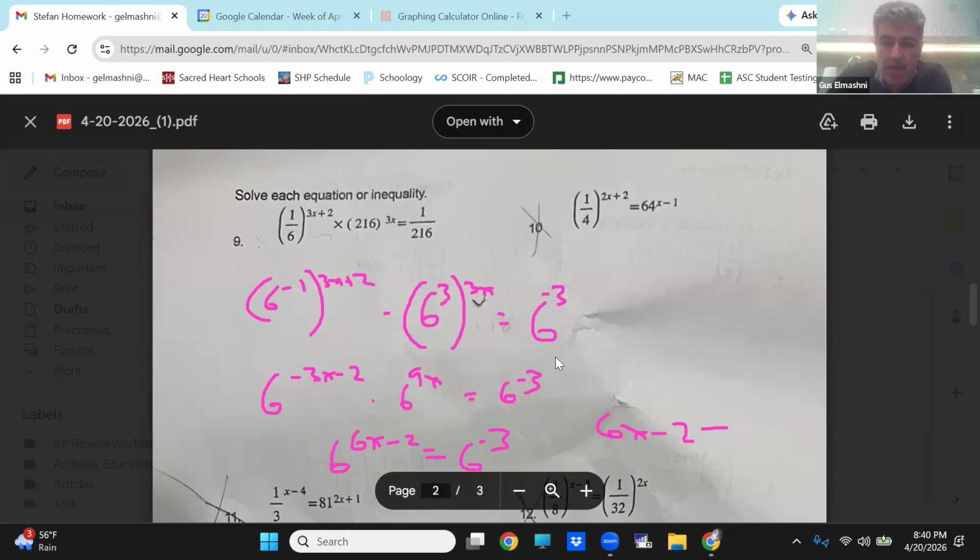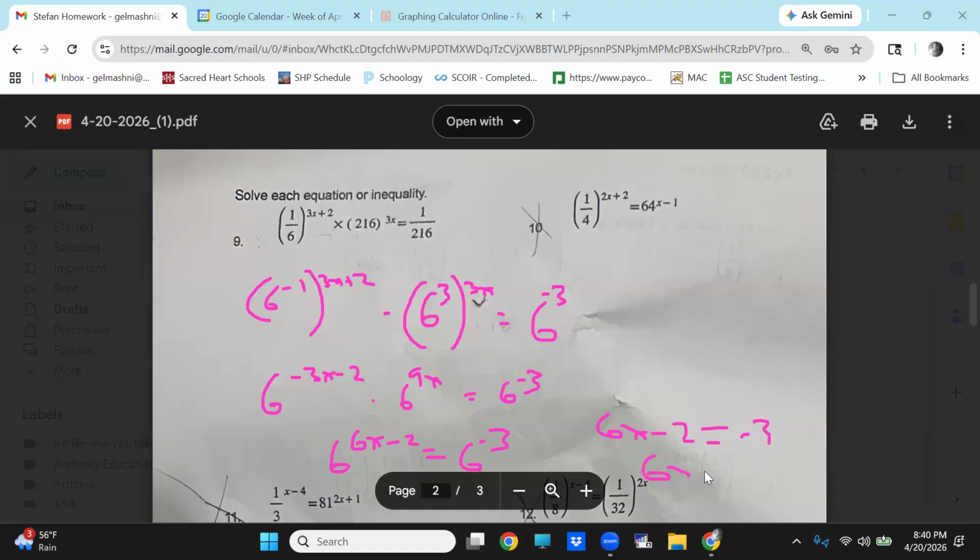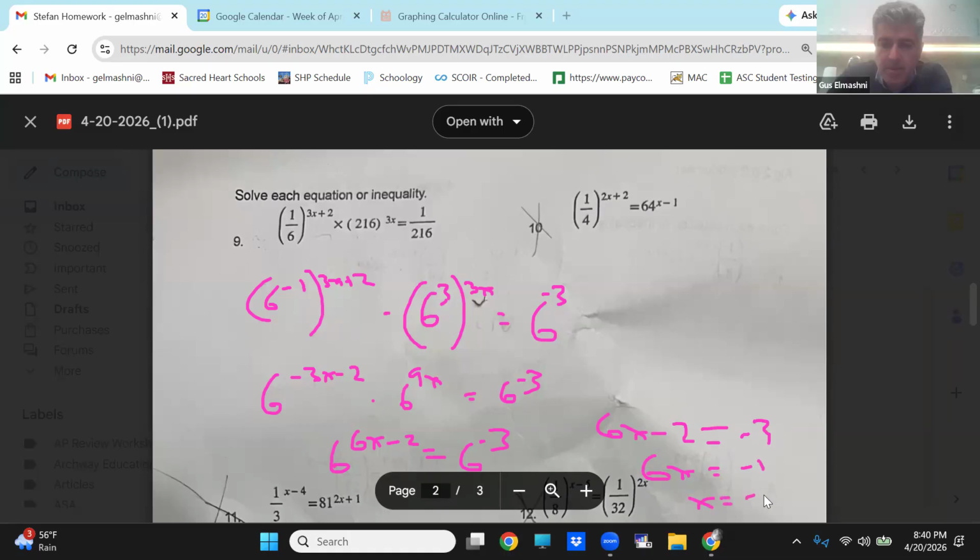So I modeled for you. Now I'll walk you through the next one so you can practice it. X is -1/6. Okay. So we do something similar for number 10.